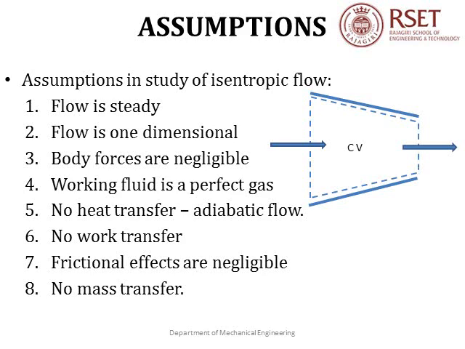Now let us look at the important assumptions that are considered for the study of isentropic flow. First, we consider that the flow is a steady flow. That means there is no variation in the properties during the flow with respect to time, so all the transient terms become equal to 0. Second, we consider that the flow is one-dimensional.